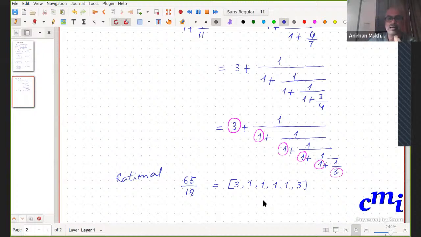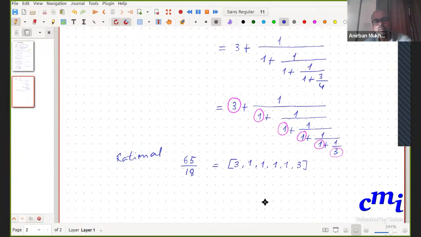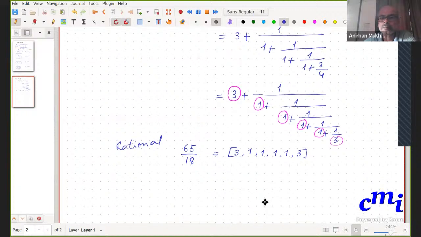So you simply have to add all these numbers which I circled. So the sum total of all these numbers is the number of square tiles you require to cover the rectangle of side 65 cross 18. The squares vary in size, but they are all squares.